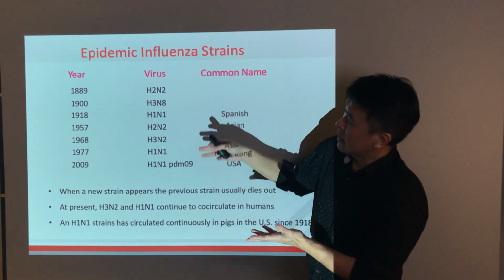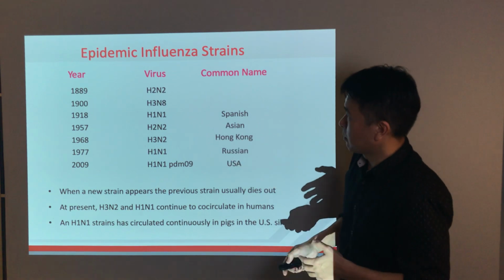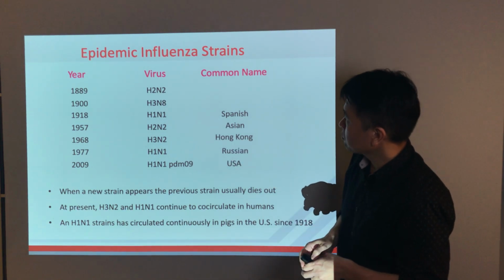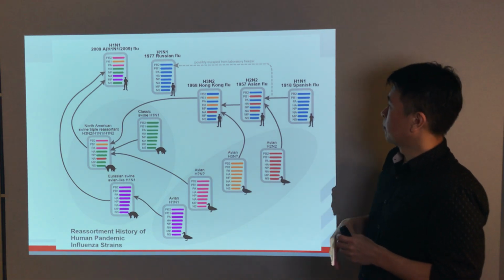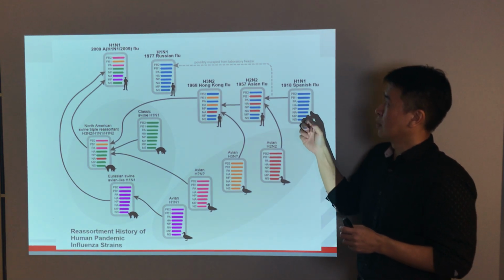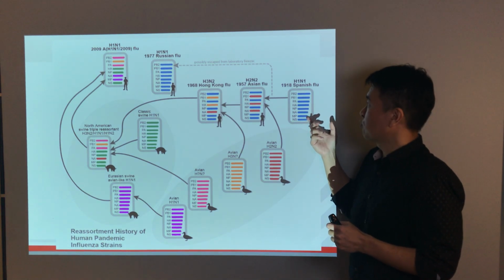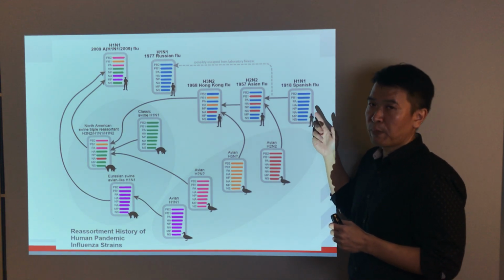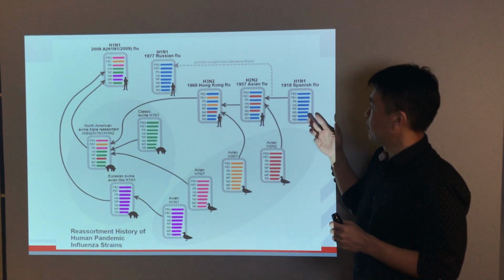This is the list of the history of flu that caused epidemics worldwide. It will be easier for us to look at it here. H1N1 we call Spanish flu. This is the one that caused a pandemic that killed tens of millions of people worldwide.